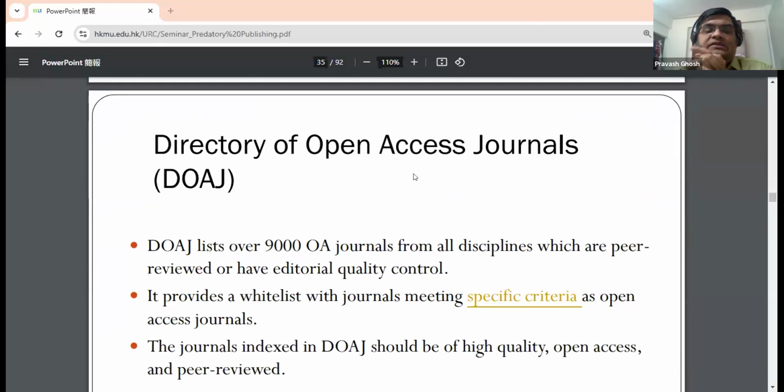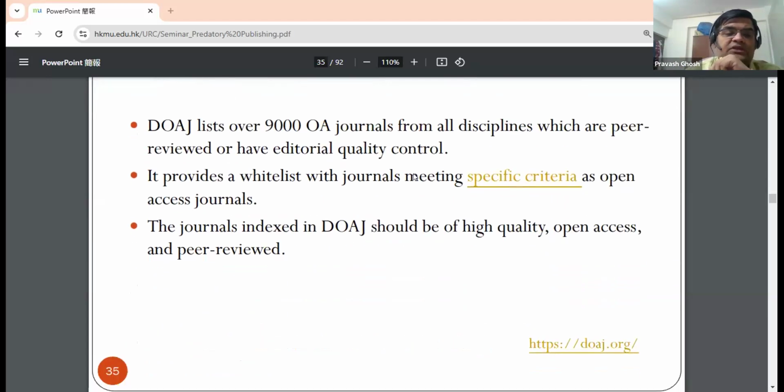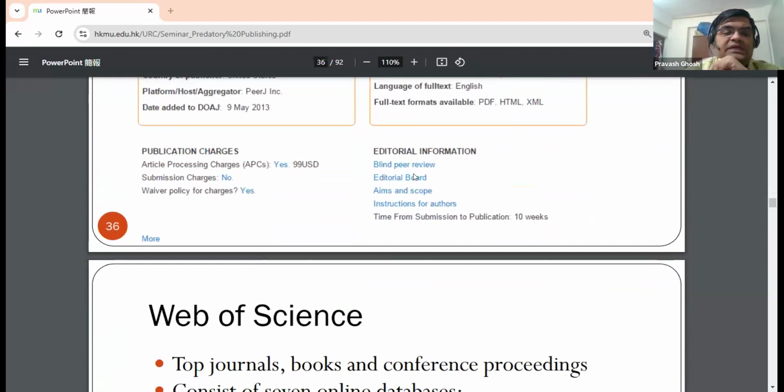DOAJ lists around 9,000 to 10,000 open access journals from all disciplines which are peer reviewed or have editorial quality control, right? So go to the DOAJ website and see the journals, all open access, paid open access, and unpaid open access will also come.